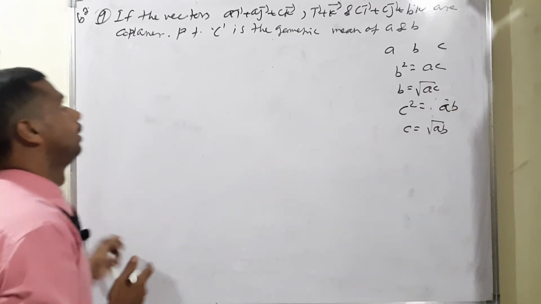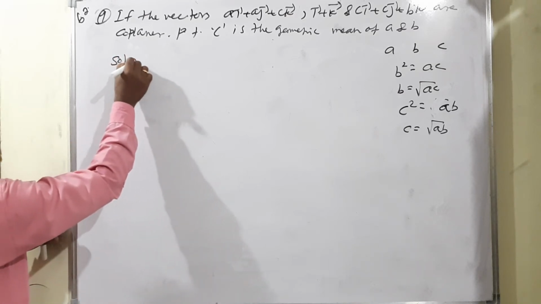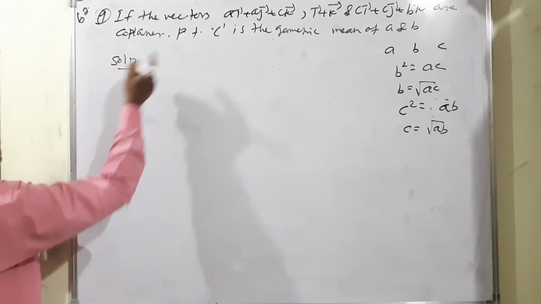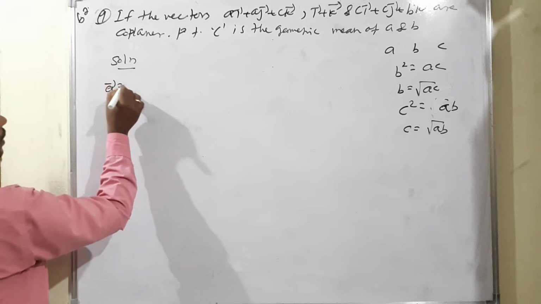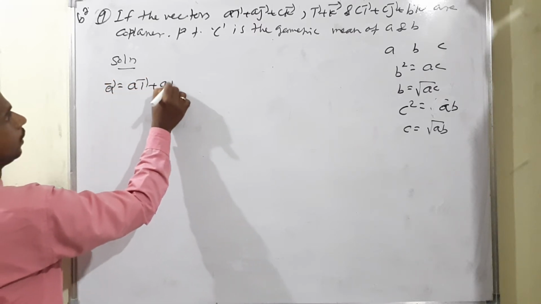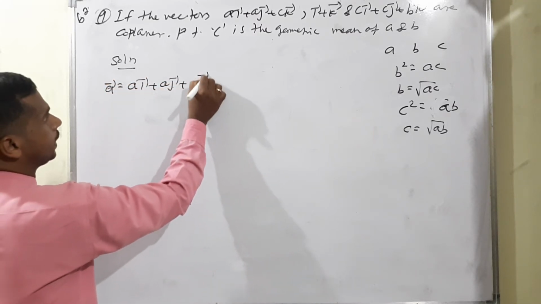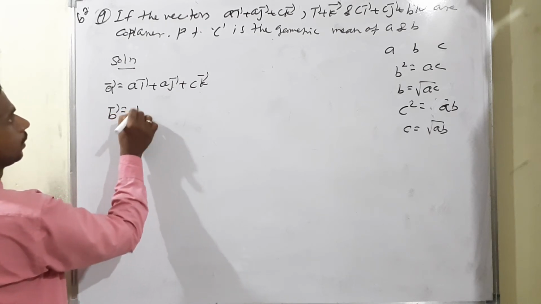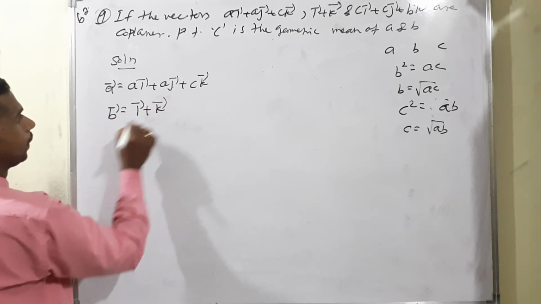Let me check the solution. First, A vector is equal to A i vector plus A j vector plus C k vector, and B vector is equal to i vector plus k vector.